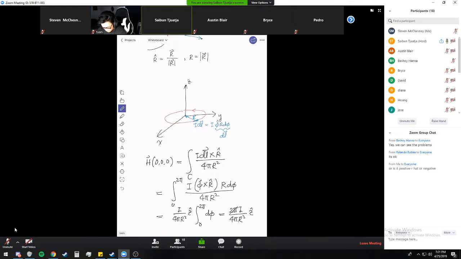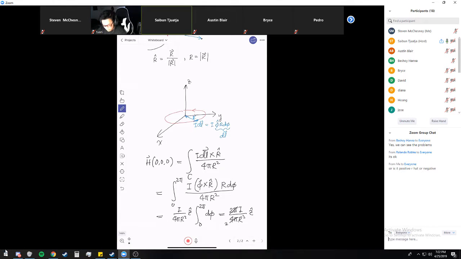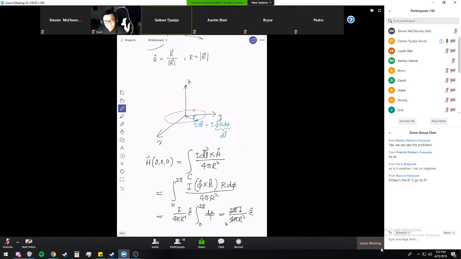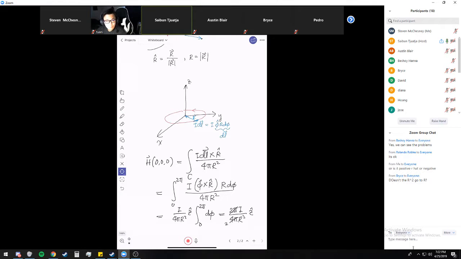So 2 pi cancels, this becomes a 2. So what we end up with is, and then I think I missed something. Oh, there's an r, I forgot there's an r here. So I have to move the r outside. So I have r over here, and r cancels out one of these. So finally, what do I have?